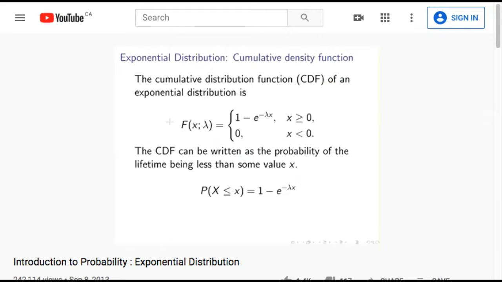So this is a bit more relevant to what we're going to do with the cumulative density function, the CDF. The cumulative density function is given as follows. For some time period x, the probability of the duration being less than that is equal to 1 minus e to the power of minus lambda x.